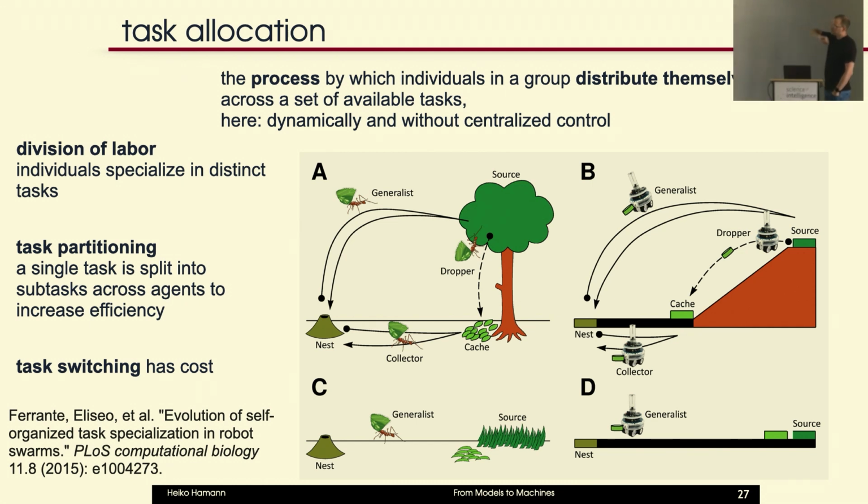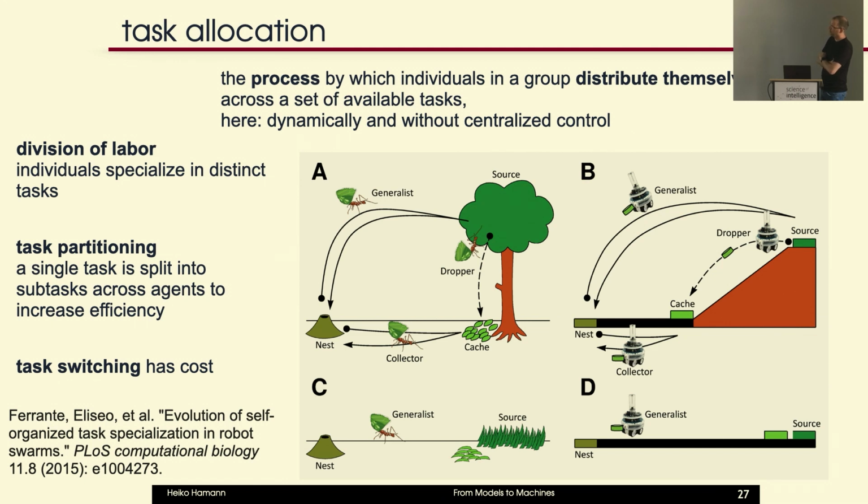This actually includes a few other things that are also relatively well defined in biology. So there's a division of labor, which would be almost a precondition, the idea that you actually allow individuals to specialize, or at least that they at certain times do different tasks. And then task partitioning is the idea that a general task, like maybe foraging, can be broken down into subtasks, maybe for the sake of efficiency.